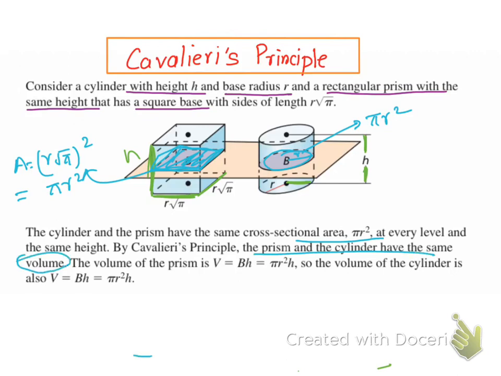Base area times height is pi r squared h for both the cylinder and the prism.